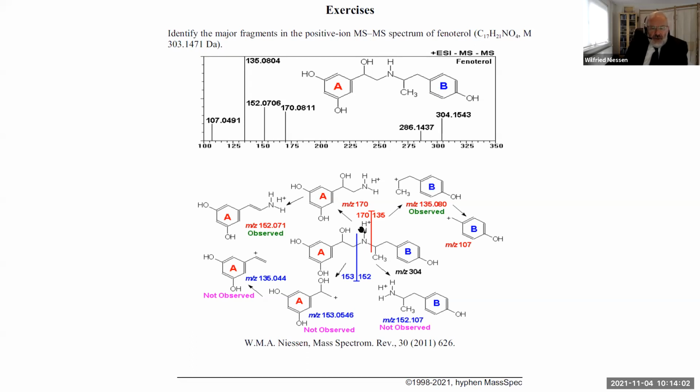Quite often you only get 1 or 2, and then from having the structure, you can immediately say it can only be this one, because in order to get the other one, I would have to rebuild the molecule completely. And that is something which will not happen. So in most cases, when you are in the 3 millidalton range or below, for small molecules, that's sufficient to be certain about the elemental composition.